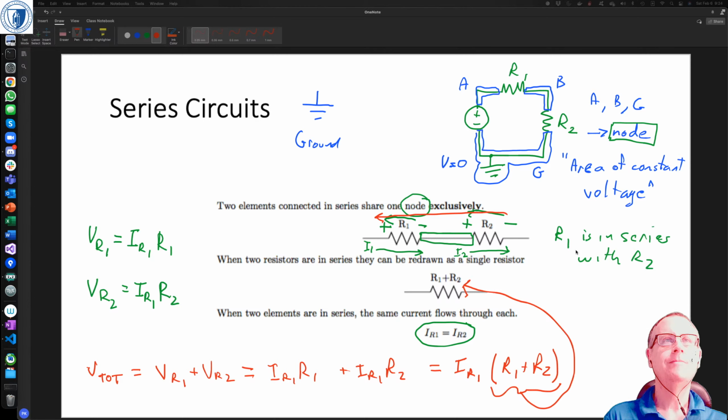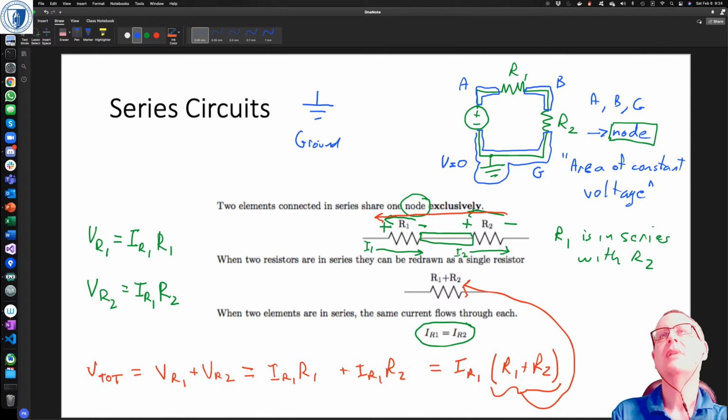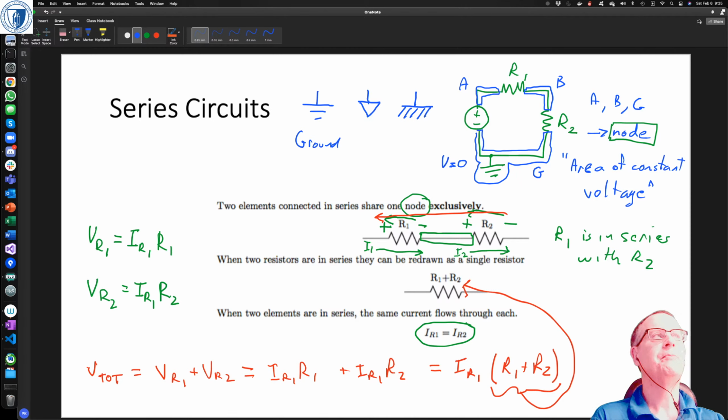Okay, so another quick aside. That is one way to represent the ground node. It's another way to represent the ground or zero voltage node. And that's another way.